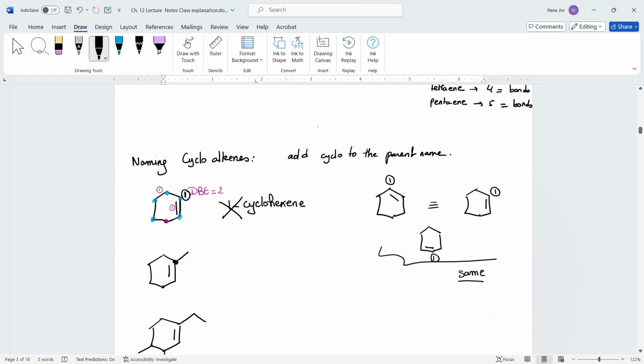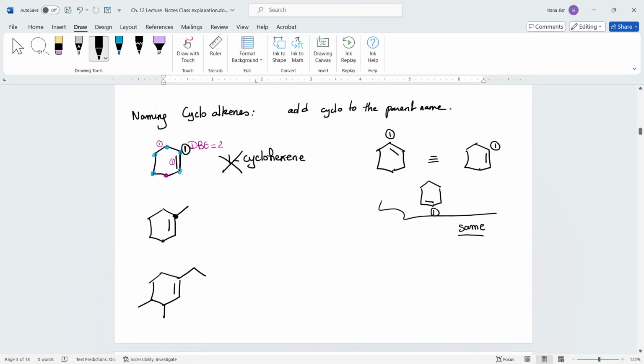Even when you have 1 substituent and your double bond is on carbon number 1, you don't even have to say 1-cyclohexene, because we're going to assume directly that the double bond is on carbon number 1. You start putting numbers for the double bond in the cycle whenever you have more than 1 double bond. So let's have an example over here.